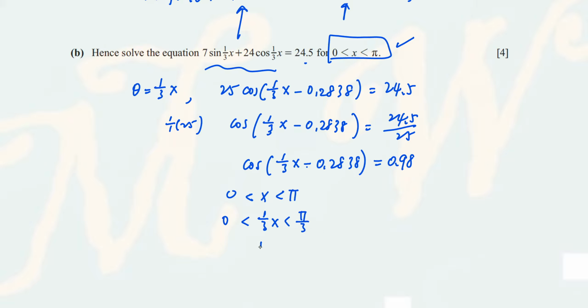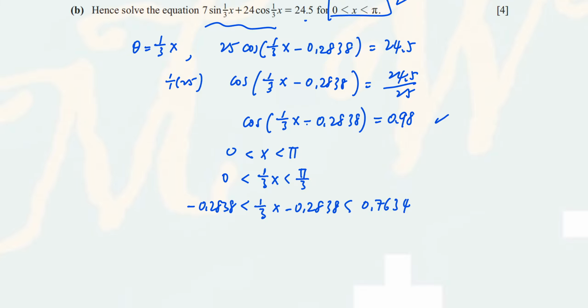And now minus 0.2838 from each of these. So 0 minus that value will be a negative value. Pi over 3 minus that value is going to be 0.7634.